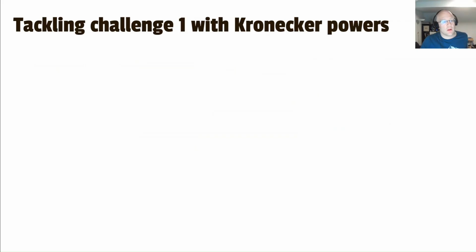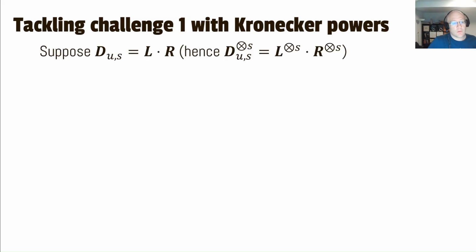Okay, so now we are finally ready to tackle this challenge 1 with Kronecker powers. It's a bit technical, but I want to show you the formulas here. I don't expect you to understand all of it. So suppose that we still have our factorization, but now it's like the disjointness matrix with smaller parameters, because U is the size of the V_i's and S is square root k.